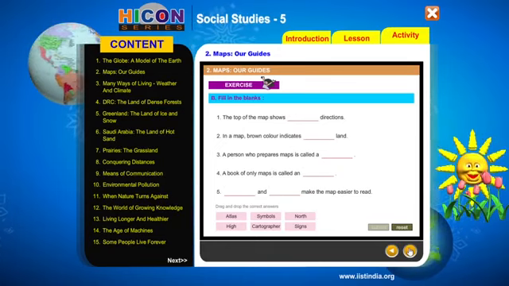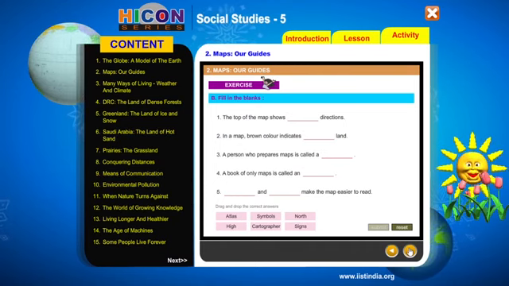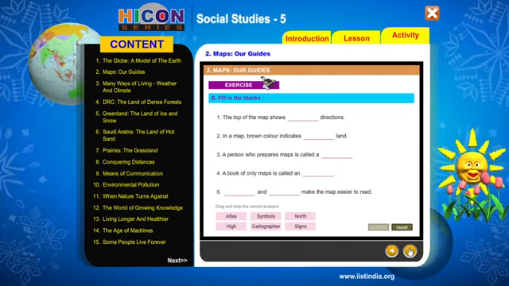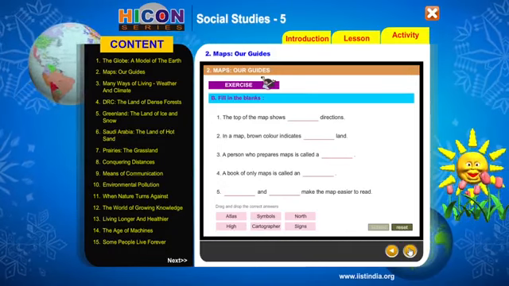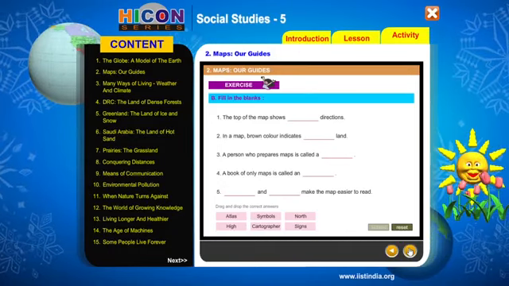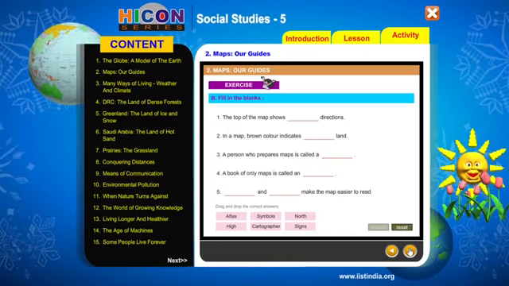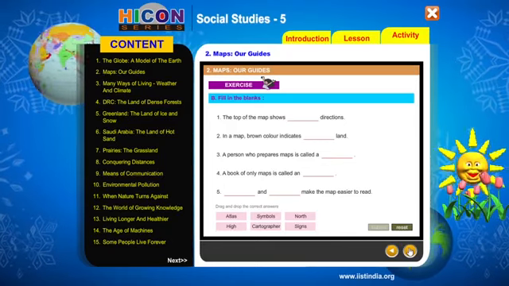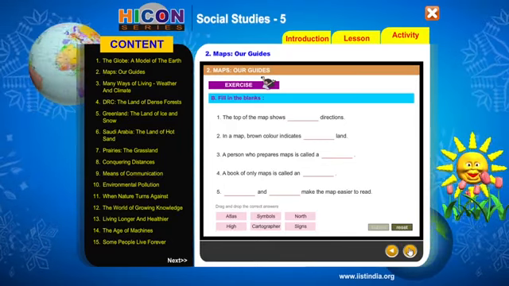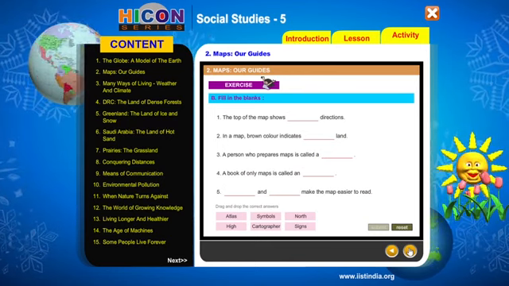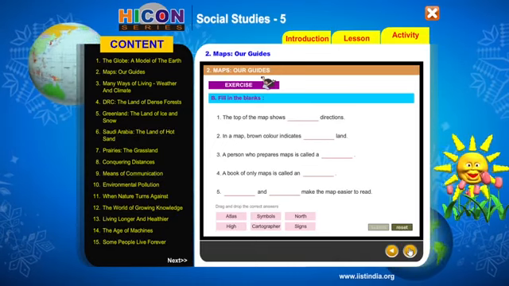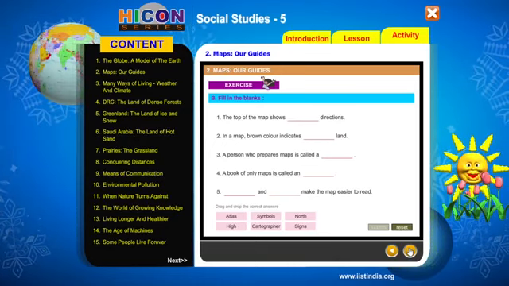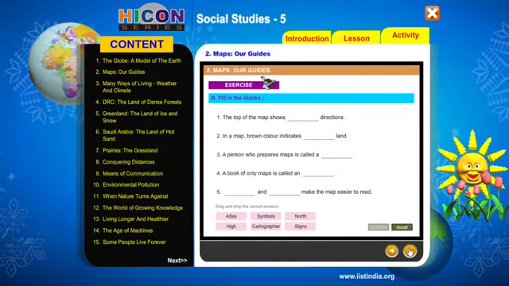Now, what we need to do is read the sentences one by one, check with the options given there and identify the suitable option with which we can complete the sentence above, right? By selecting the correct options, we need to make the sentences complete and meaningful, right?